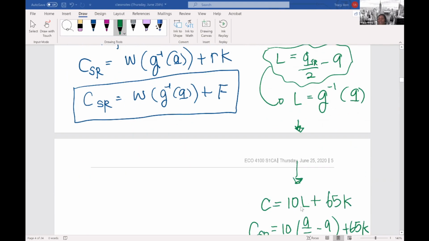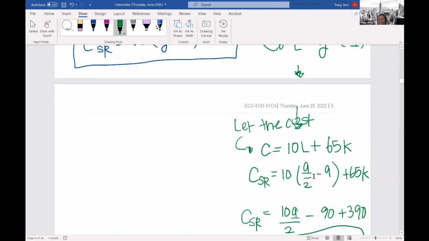So when I substitute my L into the cost function, let the cost function be C is equal to 10L plus 65K. Once I have that cost function, then I can plug in for L, which is Q over 2 minus 9.